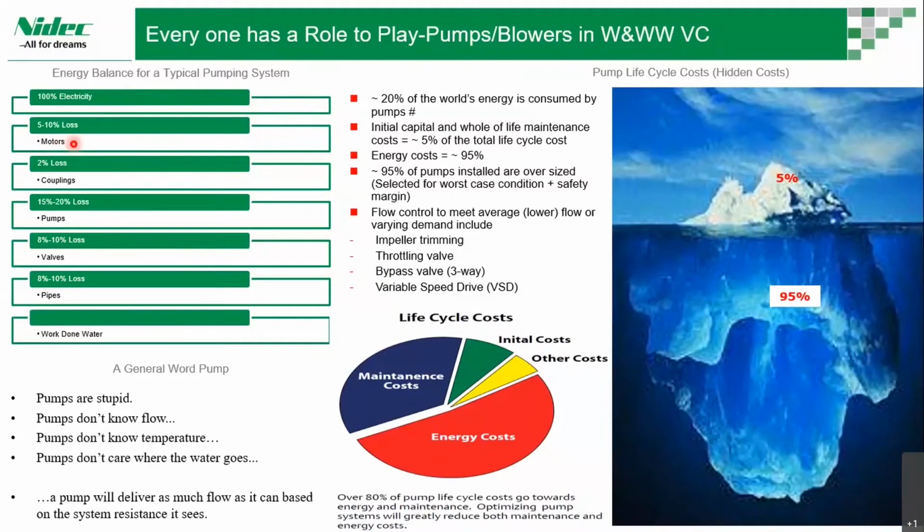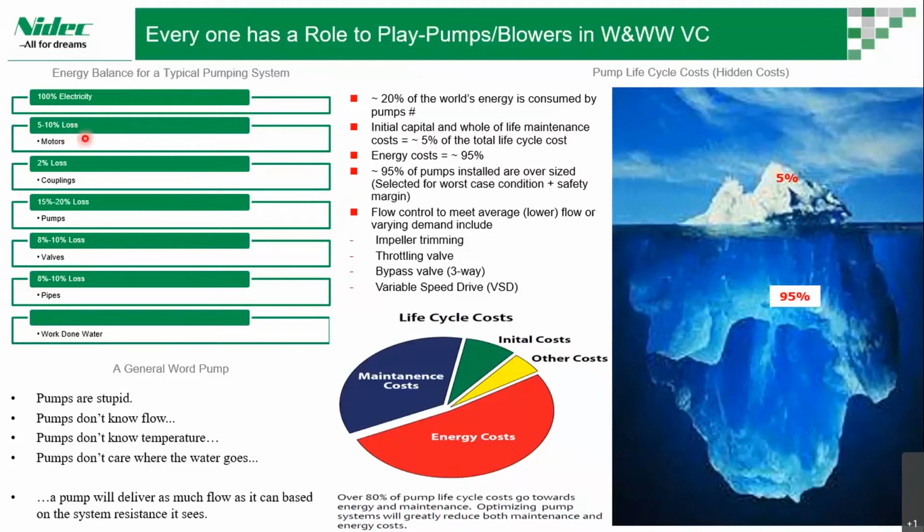Out of this, 5 to 10% loss goes into the motor, because motor efficiency is always less than 100%. We are finding it at around 96, 97, 98%, going up like that, IE3, IE4. That energy loss starts from 86 to 94%, so the loss is around 5 to 10%.